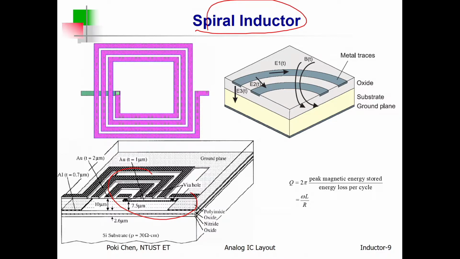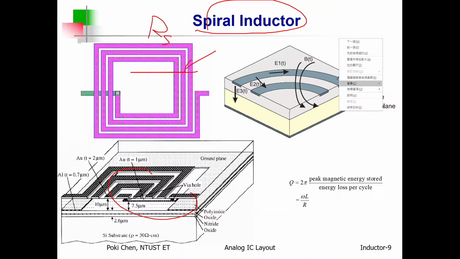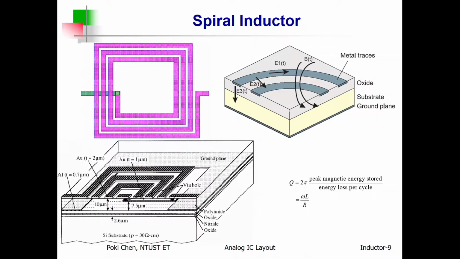Okay, and here is a two-dimensional view or three-dimensional view of a horizontal spiral inductor. Usually we have a square layout. Got it? But to reduce RS, again, note that an inductor has two terminals, right? This is the first terminal, and how to connect the second terminal?